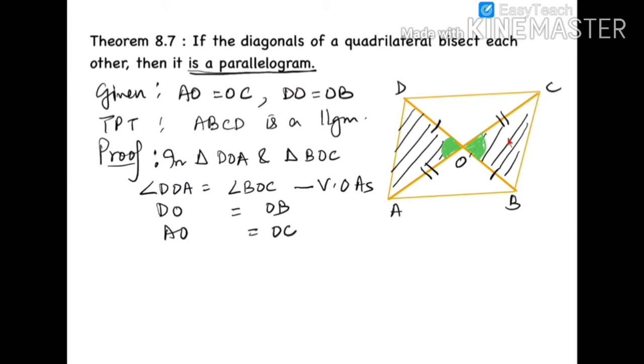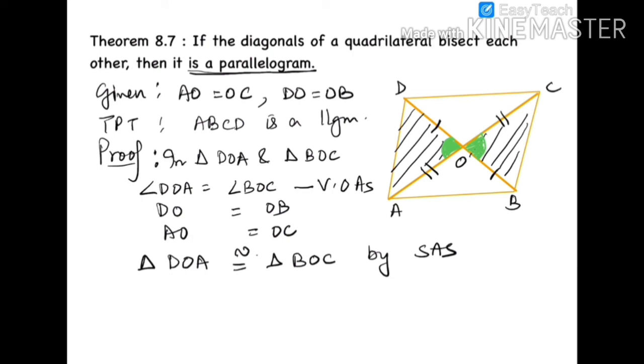So in these two triangles, we have shown two corresponding sides equal and the angle included between them also equal. So these two triangles are congruent by SAS. So triangle DOA is congruent to triangle BOC by SAS.